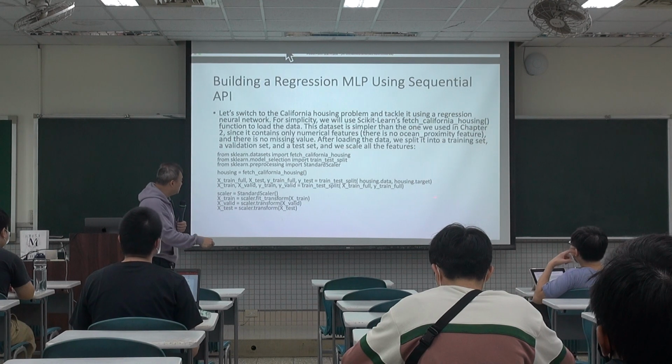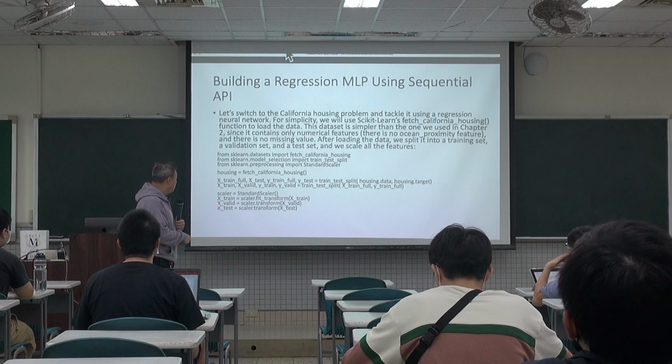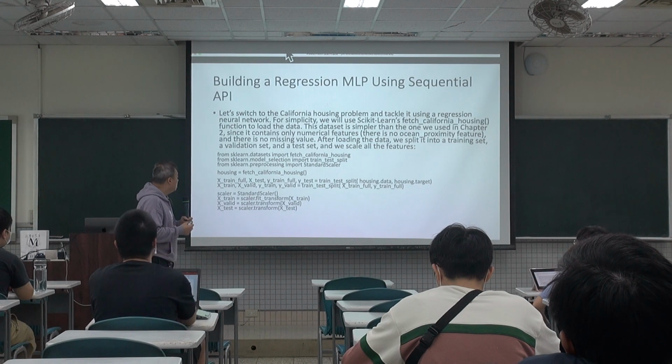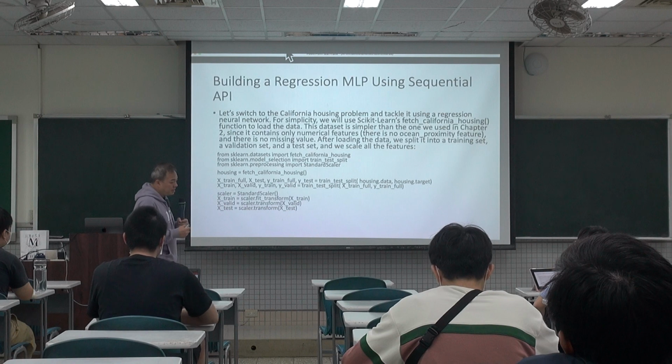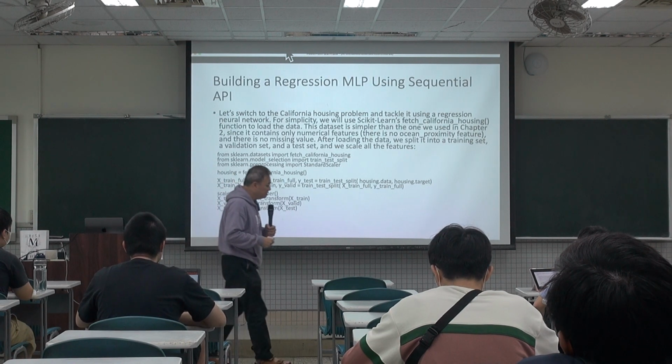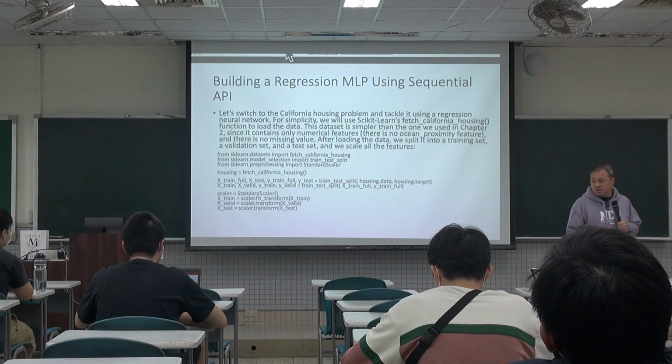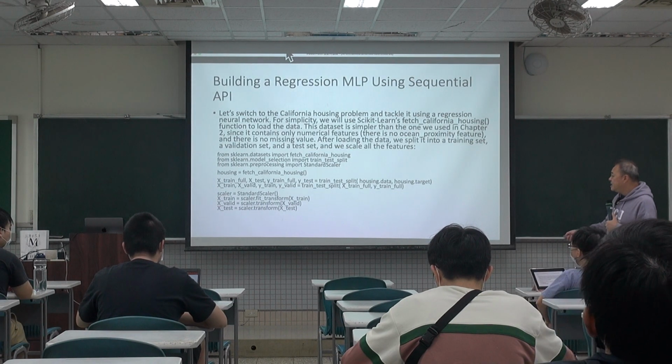We split the data, as I said, into training set, test set, and validation set, and we use the standard scaler to scale the different features, so that each feature will have a similar influence on your prediction.